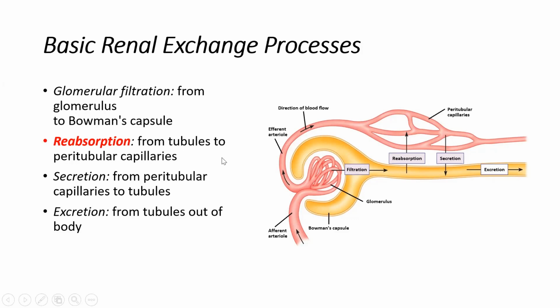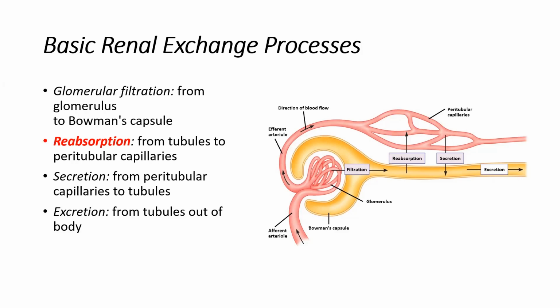Another exchange process is going to be secretion. So secretion is where we move substances in the opposite direction. This may be things that escaped filtration. So very small particles like toxins or byproducts, metabolites from medication, or other types of unwanted substances. Let's say we have too much sodium in the blood, right? Let's say we have high blood pressure, we have a lot of sodium in the blood.